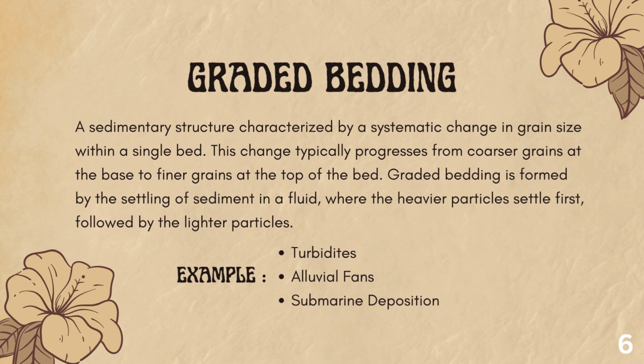Next point is graded bedding. Graded bedding is a sedimentary structure characterized by a systematic change in grain size within a single bed. This change typically progresses from a coarse grain at the base to a finer grain at the top of the bed. The examples of graded bedding are turbidites, alluvial fans, and also submarine deposition.